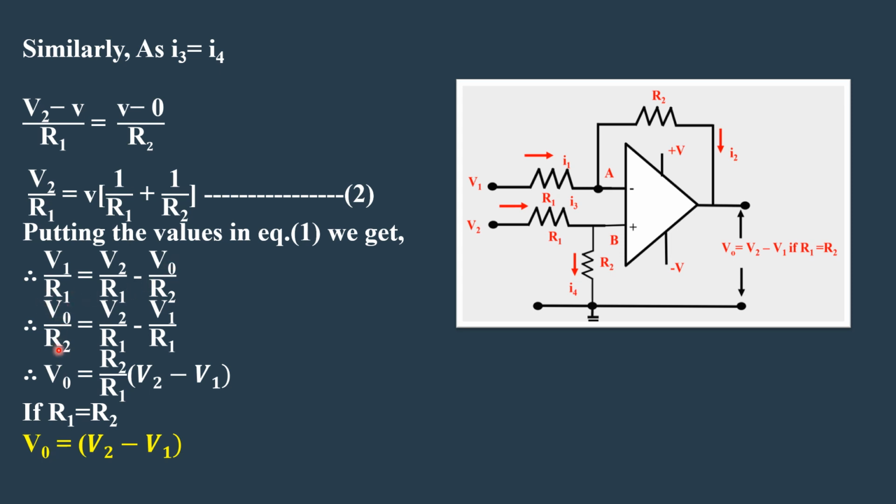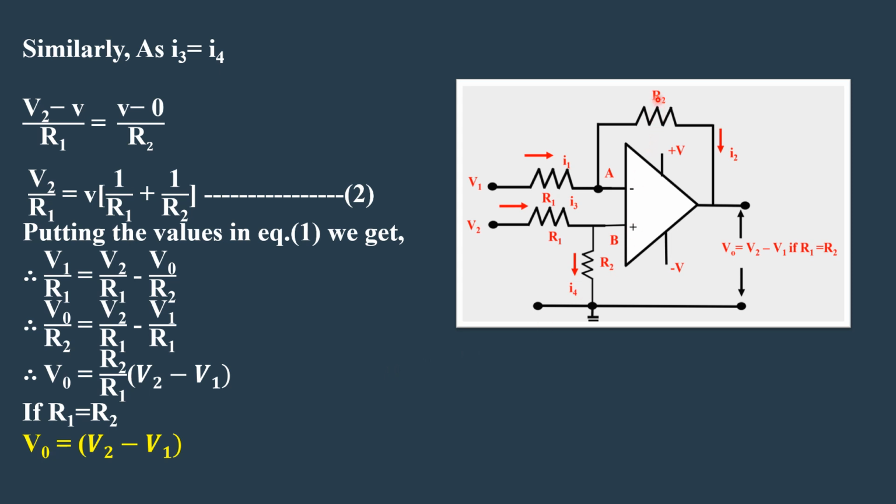So, V0 upon R2 is equal to V2 upon R1 minus V1 upon R1. Now, here we can write V0 is equal to R2 divided by R1, R1 taken common, V2 minus V1.